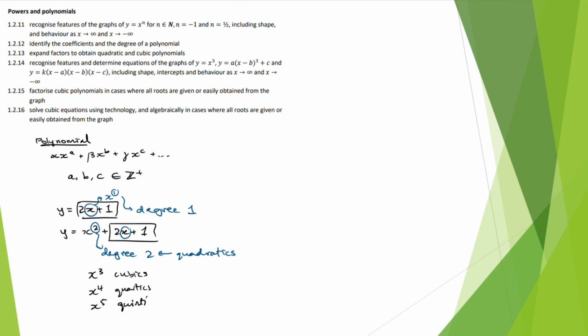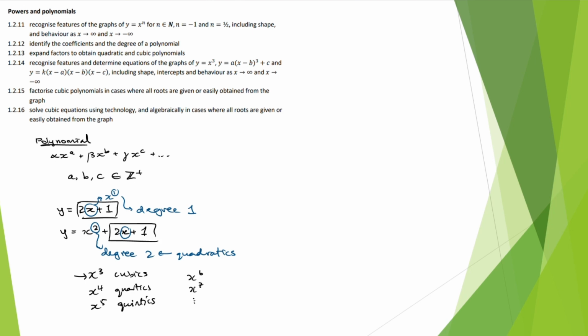And you can go up as high as you want: x to the 6, x to the 7, etc. And so you have multiple different polynomials here, multiple different degrees. And we're going to be looking at factorizing some of these, expanding them, and we have a particular focus on cubics rather than quartics and quintics, for example.